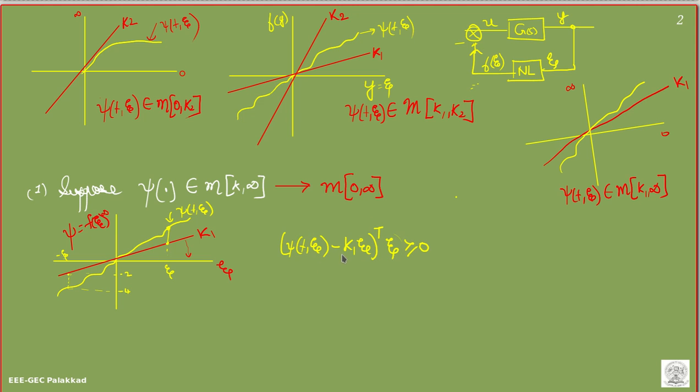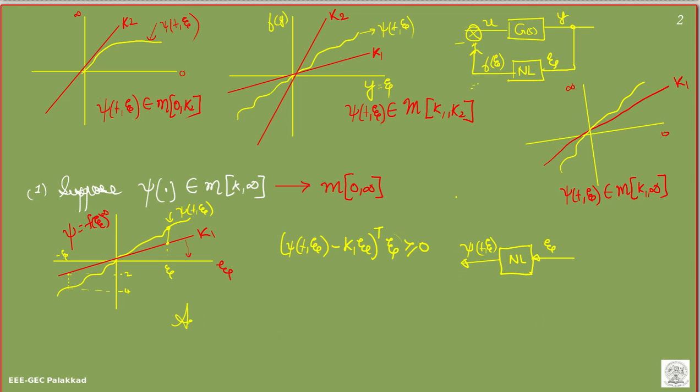A nonlinearity of this kind is a passive nonlinearity. The initial system was like this: I had an input zeta to the nonlinearity, and xi of t comma zeta was the output, and this was fed to the initial system.